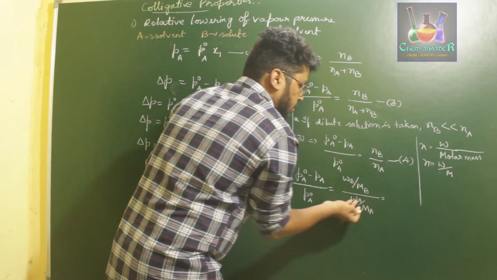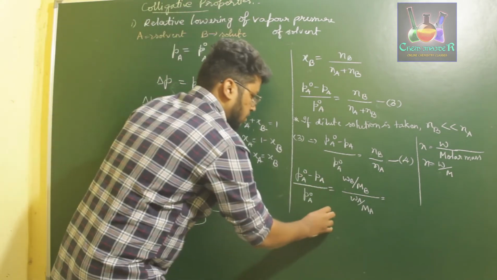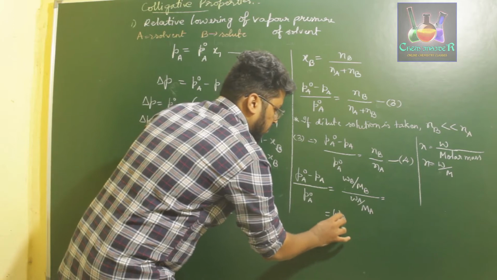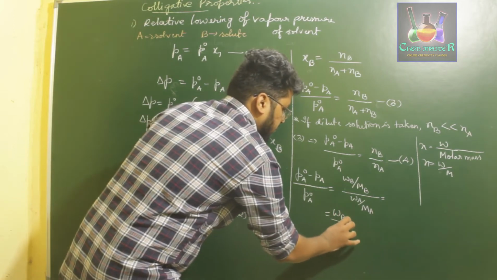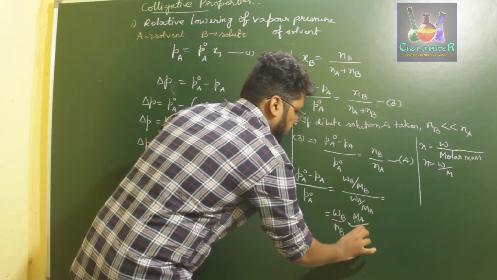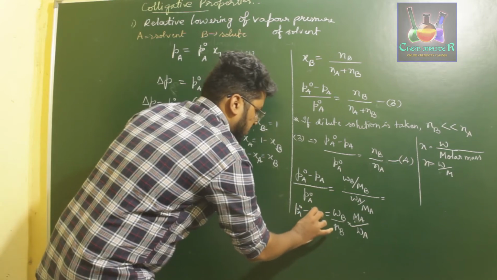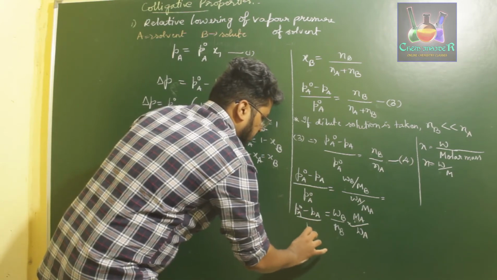So this can be written in reverse order, that is, the denominator gets reciprocal. Therefore that will be equal to Wb by Mb into Ma by Wa. That will be equal to (Pa0 minus Pa) divided by Pa0.